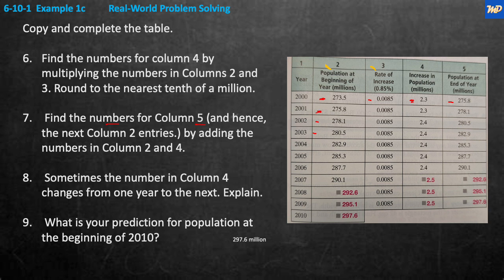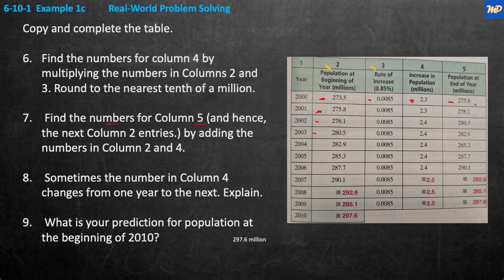So the first line, year 2000's population at the end of the year is the year 2001's population at the beginning of the year, and that's what column 2 is. So then we've got that, and then it says here by adding the numbers in columns 2 and 4, and that's what we did. We added 2 to 4. We ended up with 5. We took 5 and moved it over here to column 2 of the next year.